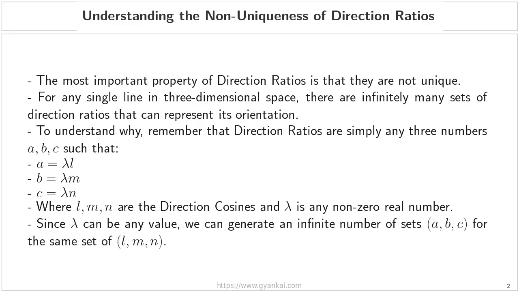Because lambda can be any value you choose, whether it's 2, 10, or even a fraction, we can generate an infinite number of different sets for a, b, and c, all while using the exact same set of direction cosines. As we will see in the next slide, this leads to the concept of proportionality, which is the key to identifying when two different-looking sets of numbers actually belong to the same line.